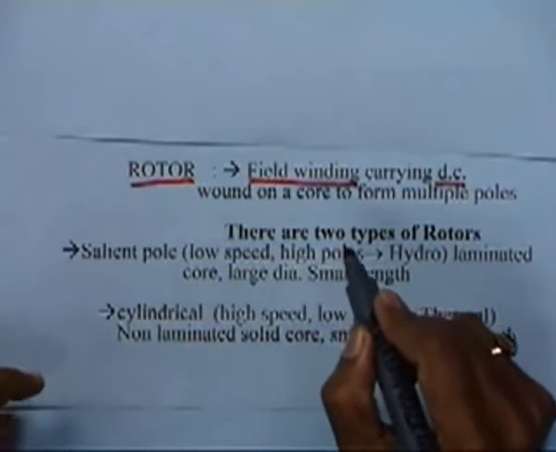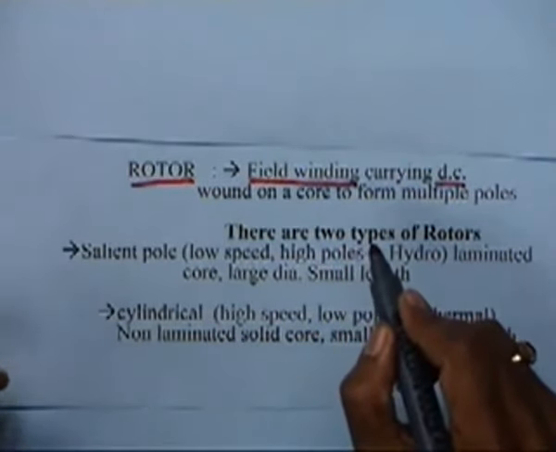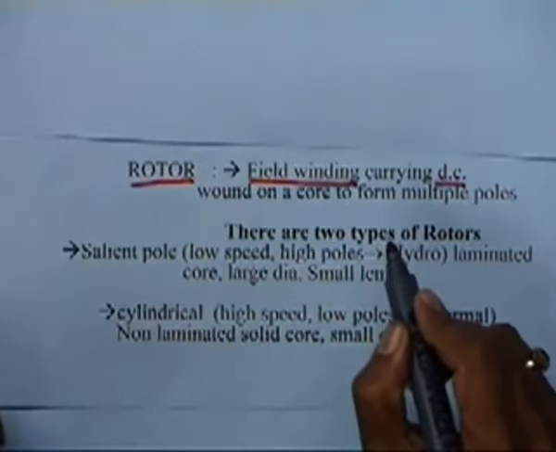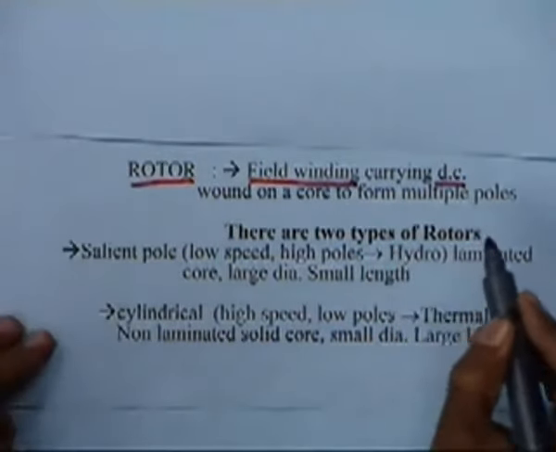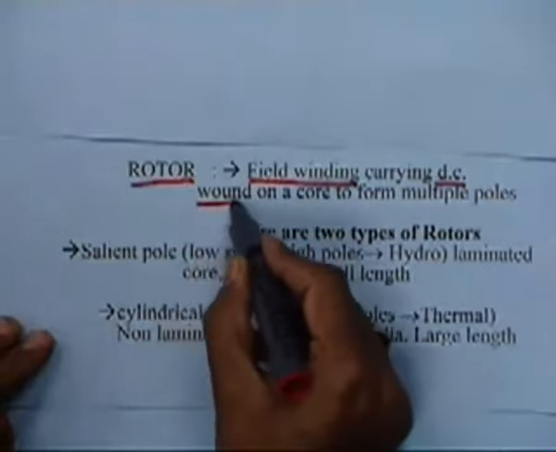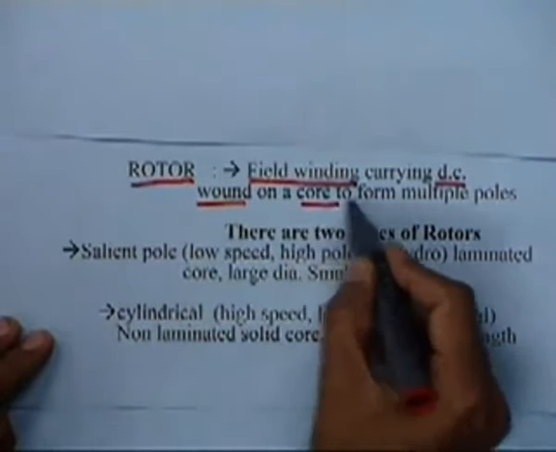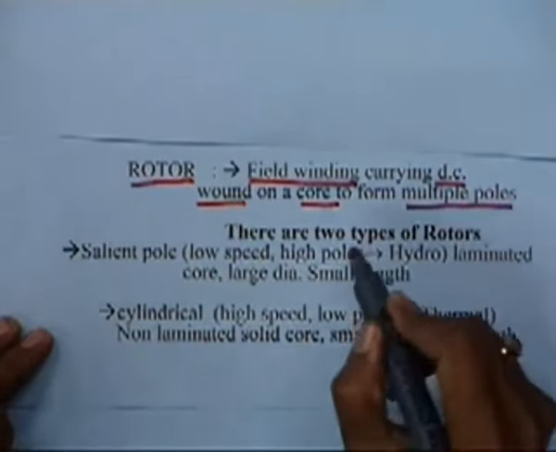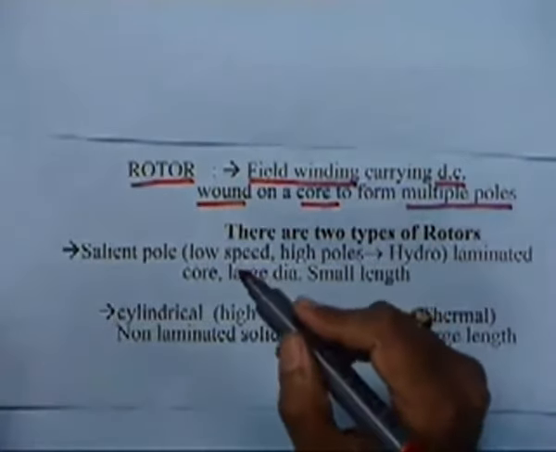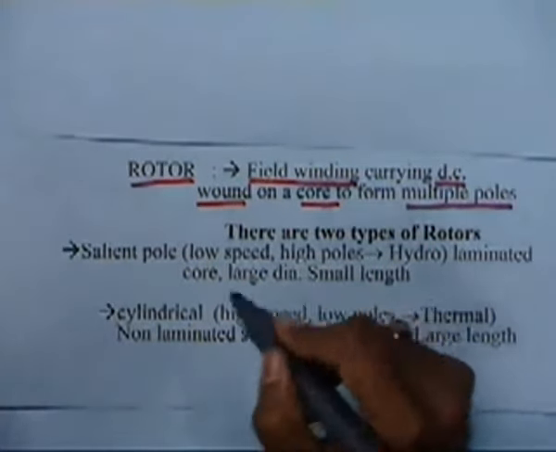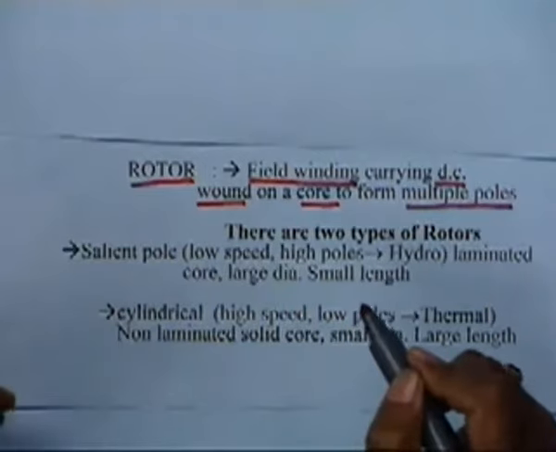So you have to inject direct current into them so that they get magnetized and polarized to the desired polarity. And these windings are wound on a core to form multiple poles. So you have several pole windings in the rotor which are running at a fixed speed.